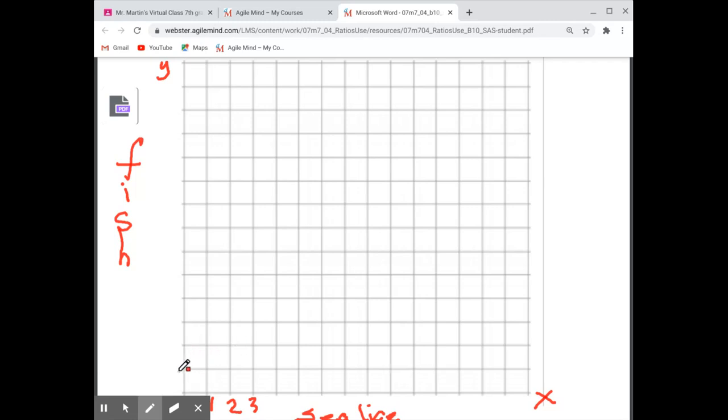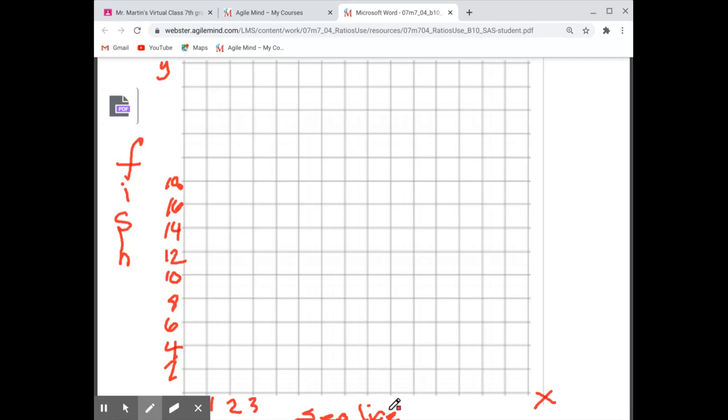And over here, what was the largest amount of fish that she caught with her net? 17. All right. What's a good number we could count by, since there's not 17 of these up here? 2. All right. So let's count by 2. So I got 2, 4, 6, 8, 10, 12, 14, 16, and 18. We could keep going, but I'm not going to do that so that I can save time.